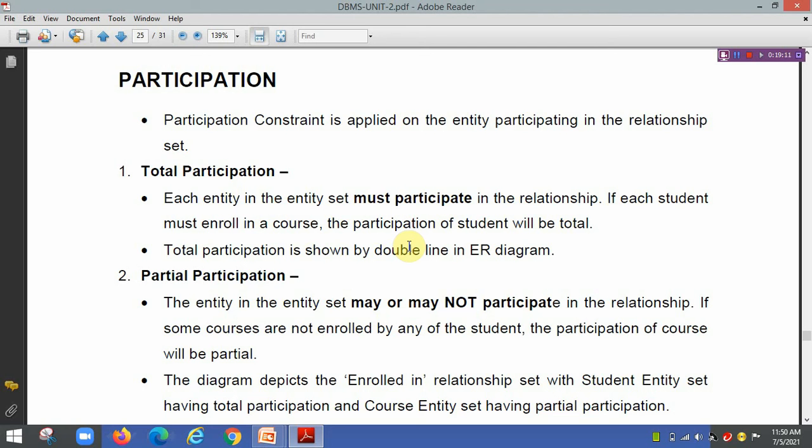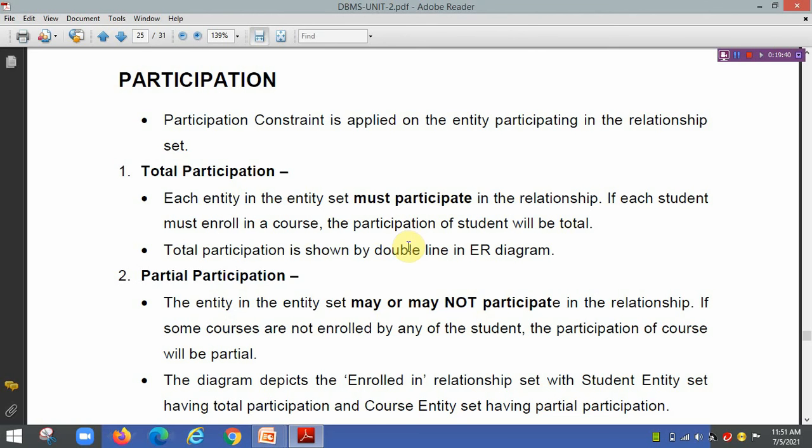Those who join a course are always the students. So here the participation of student will be total. Total participation is always shown by a double line in the ER diagram.